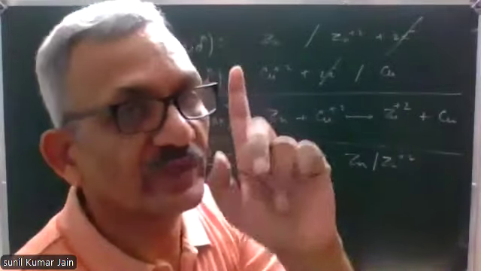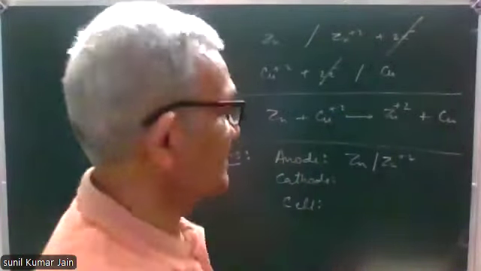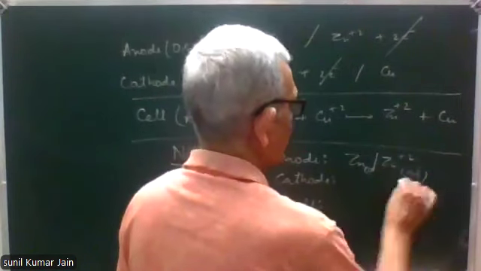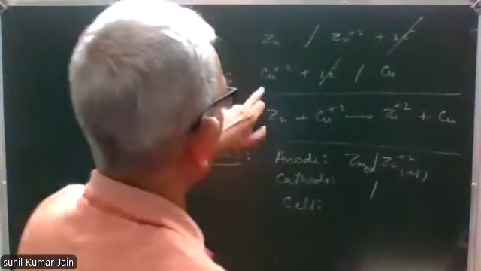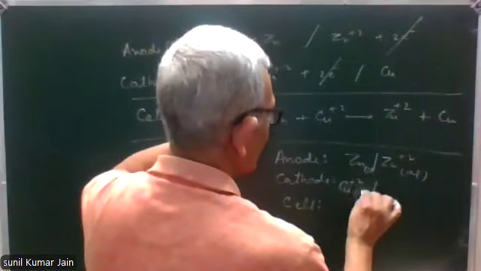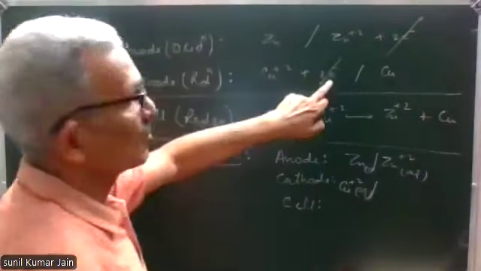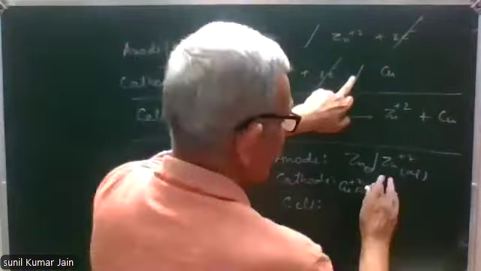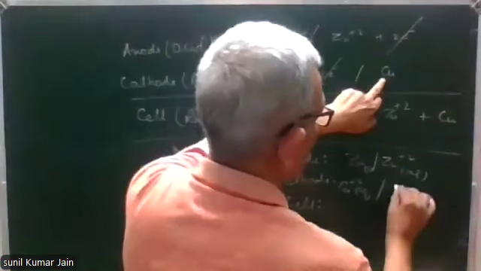As I told you, we should write physical states. Let me write this one this time, solid, and this is aqueous. Similarly, cathode, copper ions aqueous. Electrons are not to be written. Arrow has been replaced by slash, and then copper solid.